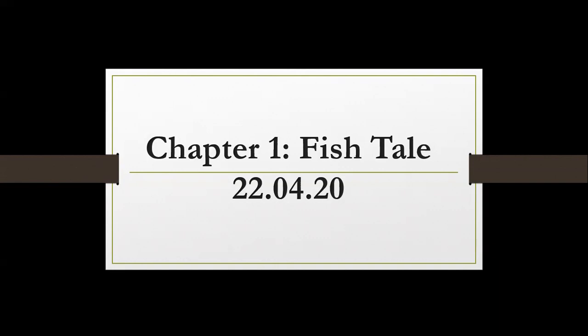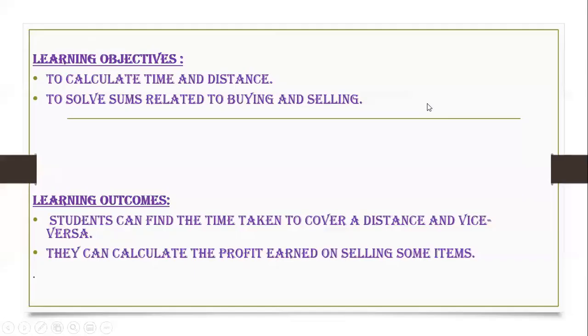Today, I bring more questions based upon the topic buying and selling and questions on time and distance. So, the learning objective for today's class is to calculate time and distance and to solve more questions related to buying and selling.